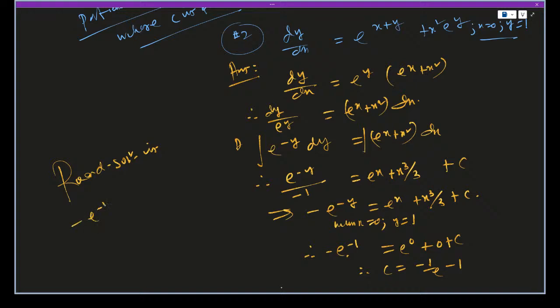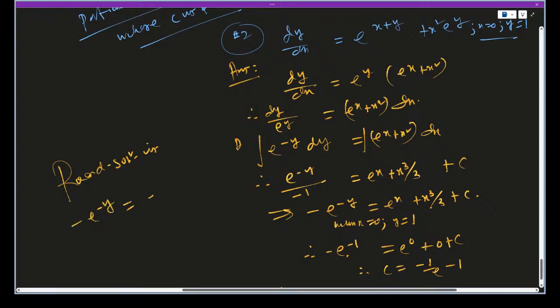E to the power minus y equal to, so this is the required solution to the differential equation. Clear?